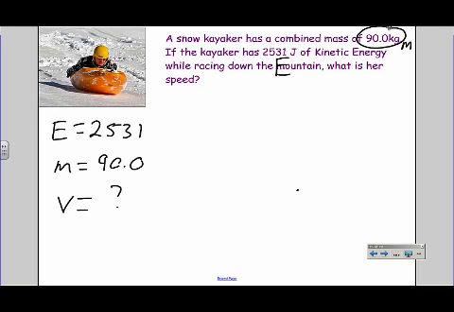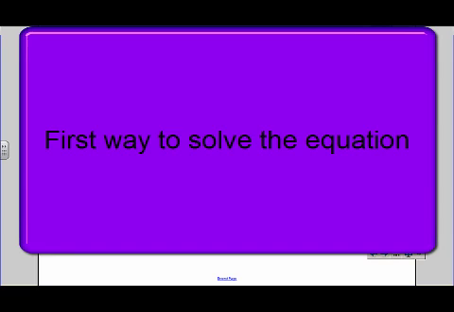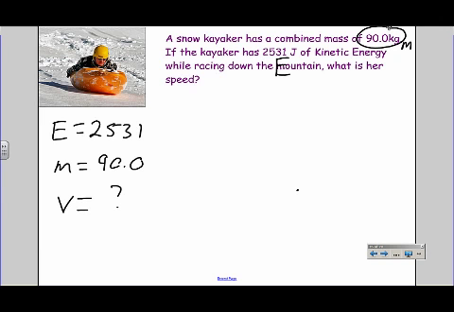So we need to take our equation and rearrange it, or you can substitute these numbers into your regular equation and solve that way. I'm going to do both to show you what they both look like. Pick the one that you feel works the best for you and do it that way. So first, I'm going to rearrange the equation. From the previous page, we already have it rearranged, or you can do it on your page as well.